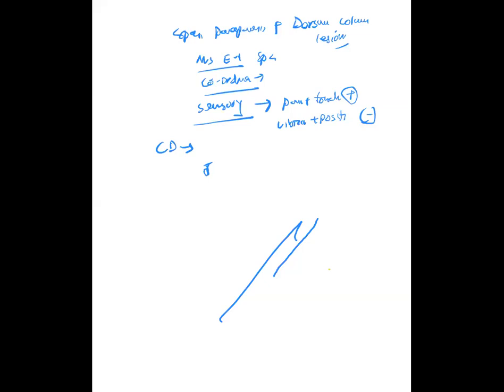In this patient with spastic paraparesis with dorsal column lesion, the patient's age is very important. When we examine spastic paraparesis, then coordination, you think there is a possibility of a coordination problem, then in the sensory examination you find loss of vibration or position sense, but pain, touch and temperature are present, then you are dealing with Friedreich ataxia.